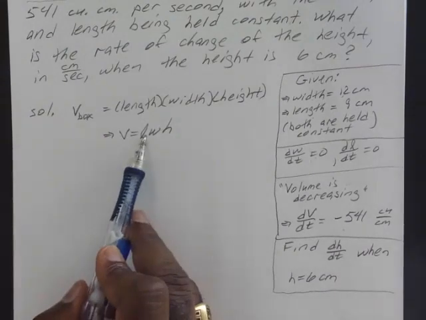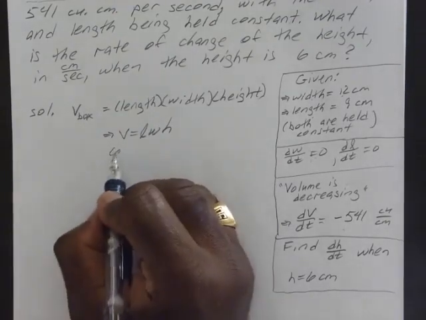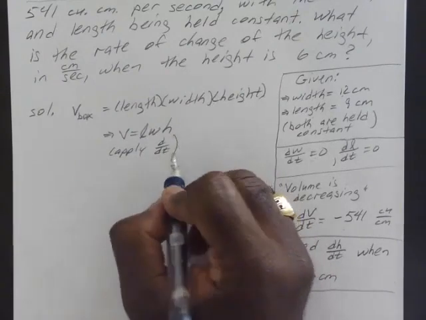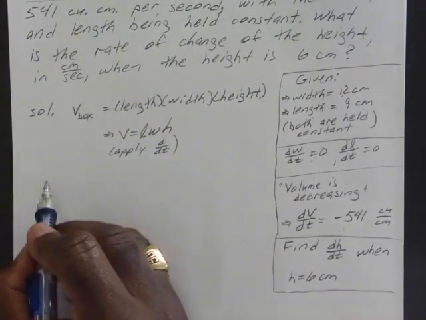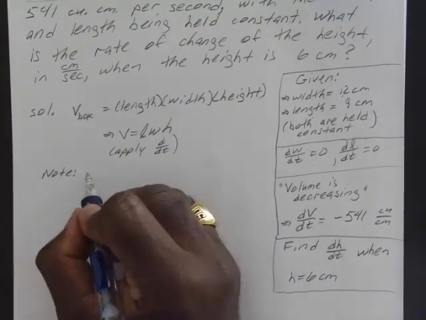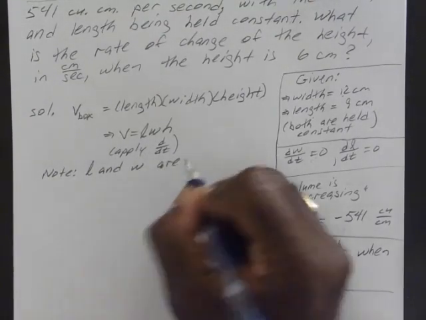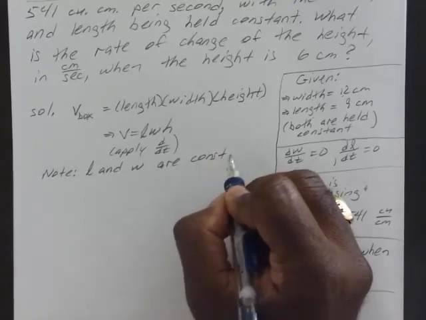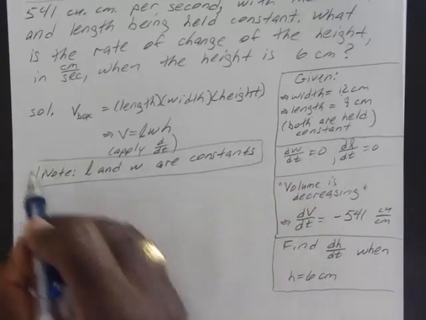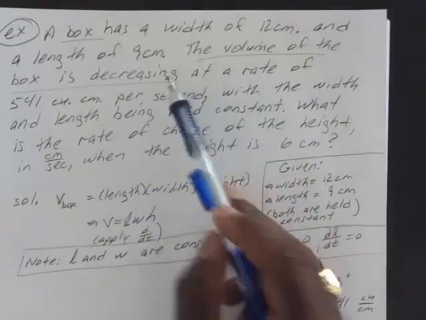Okay, so we're going to apply our derivative with respect to t on both sides. But with this one, you have to remember your length and your width are constant. Which means we treat those as constants, or you could even plug in your 9 and 12 here, because it doesn't change.